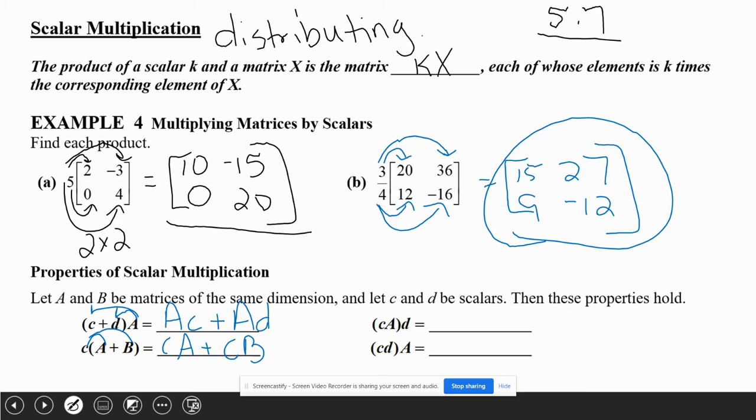And if I'm multiplying C times A and times D, then you can also do C times A times D, and then C times D times A. This is basically like the associative property where we're just changing the parentheses. So the left side would be distributive, and this side would be associative.